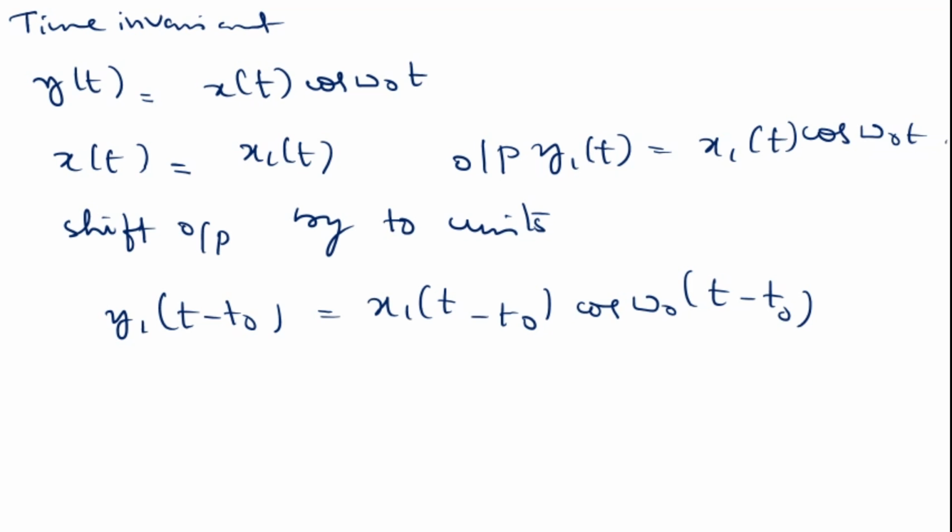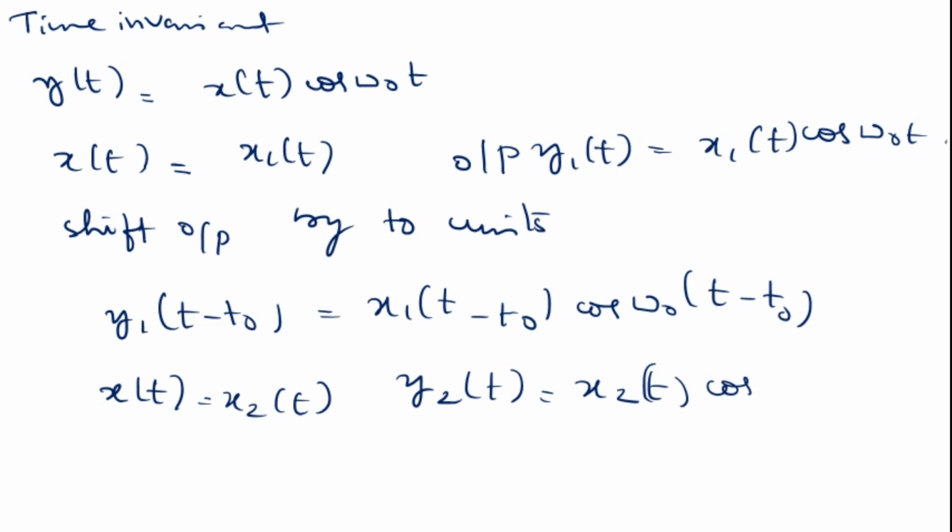Let input x of t is equal to x2 of t, then y2 of t is equal to x2 of t into cos omega naught of t, and x2 of t is equal to x1 of t minus t naught.